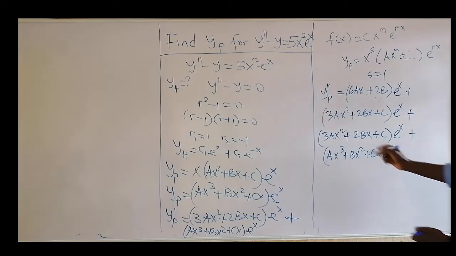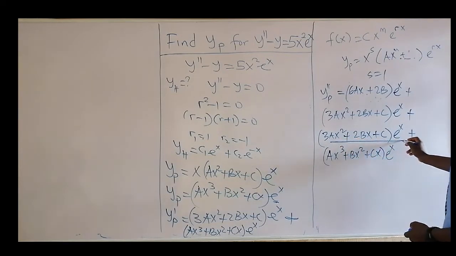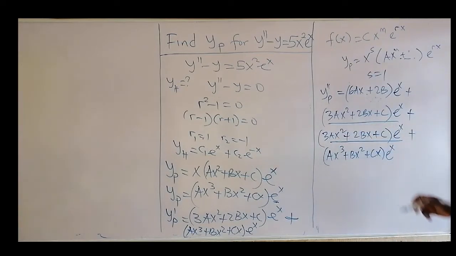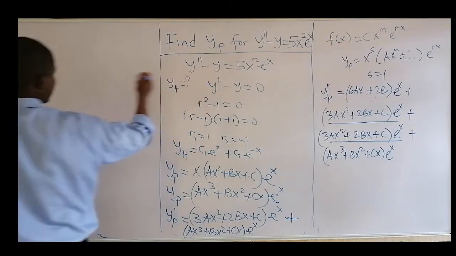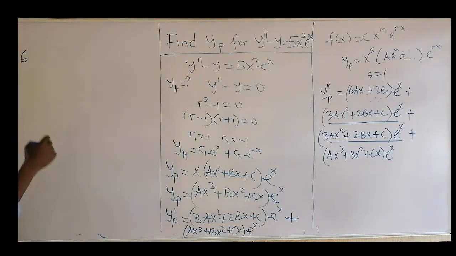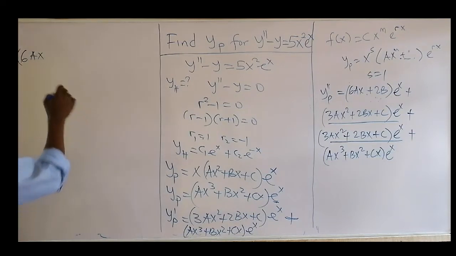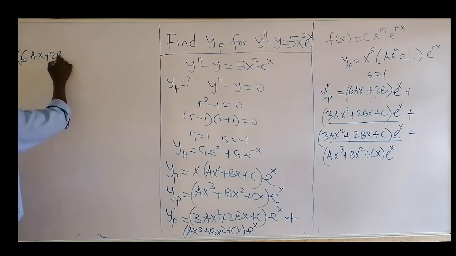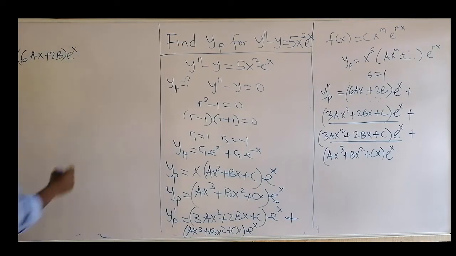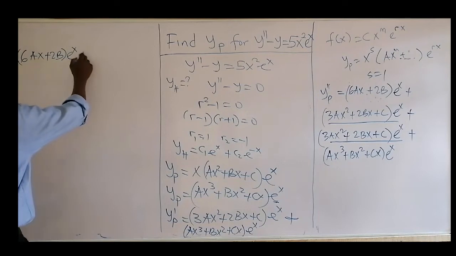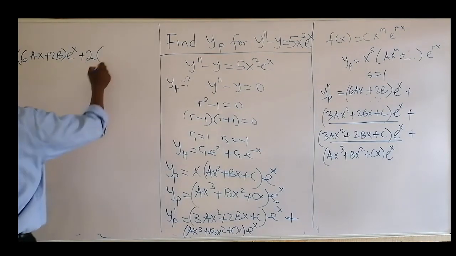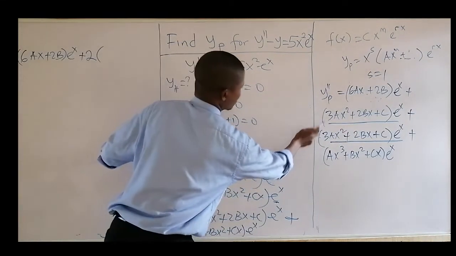These two are the same. These two are here, the one here. So that will be 6. Substitute back here, that will be 6ax, plus 2bx, e^x, then plus 2 of this, the same.